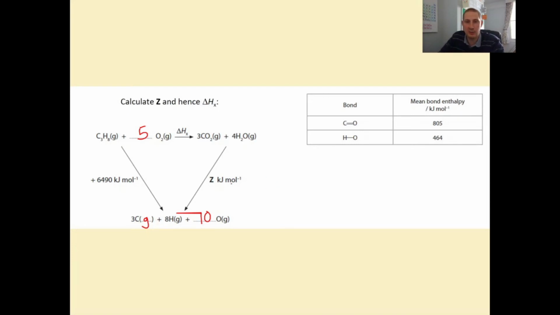Right, Z. Well, let's draw it out, okay? So we've got 3 CO2. So we've got 6 CO bonds, 6 times 805. We've got 4 H2O.